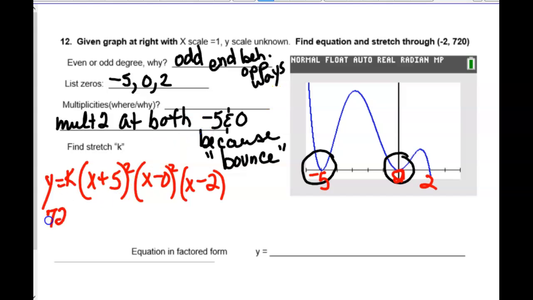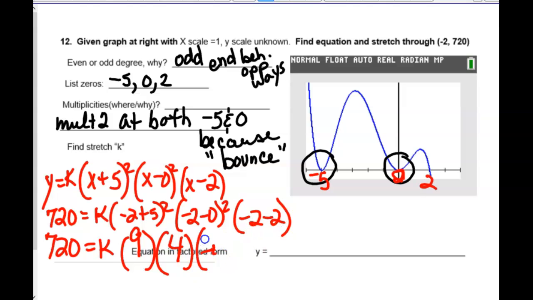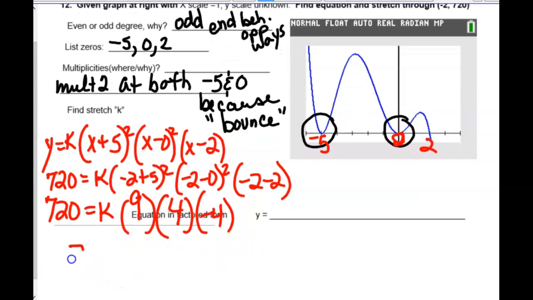So we would have 720 equals k times negative 2 plus 5, quantity squared, times negative 2 minus 0, quantity squared, times negative 2 minus 2. Which would be 720 equals k times 3 squared is 9. Everybody good? Negative 2 squared is positive 4, yes? And negative 4 back here. Okay, what is 9 times 4 times 4?